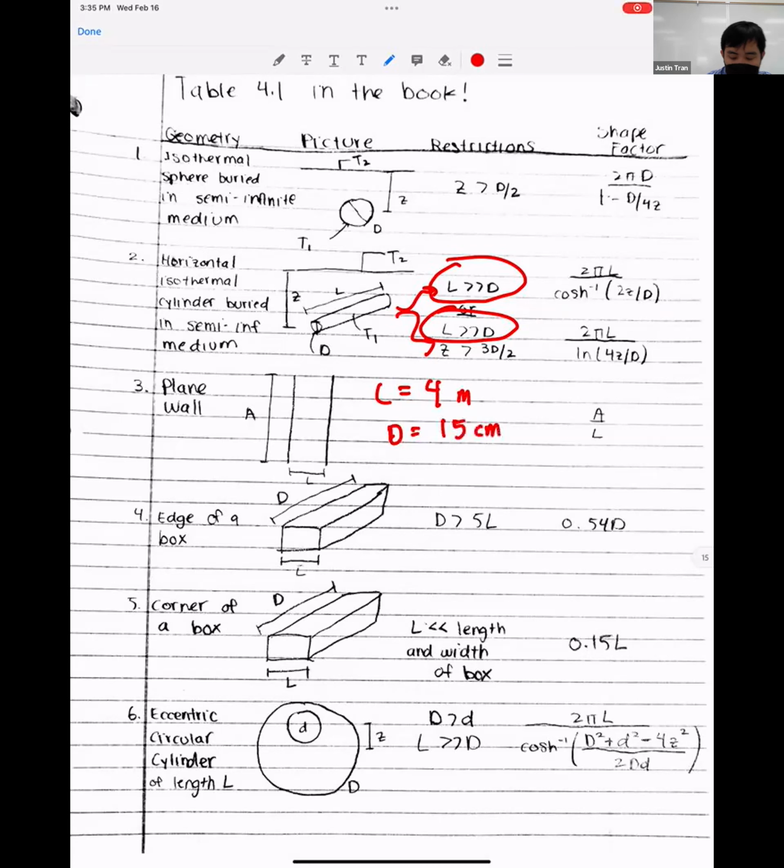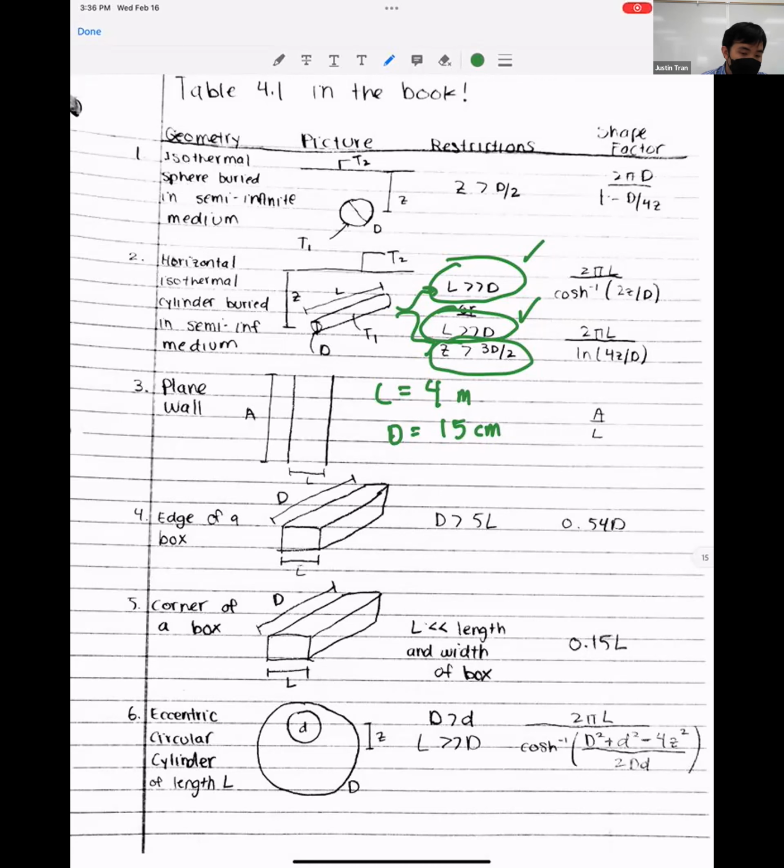Comparing the two, 4 meters is much bigger than 15 centimeters, so this is satisfied for both cases. The next condition we have to check is whether z is greater than 3D over 2.